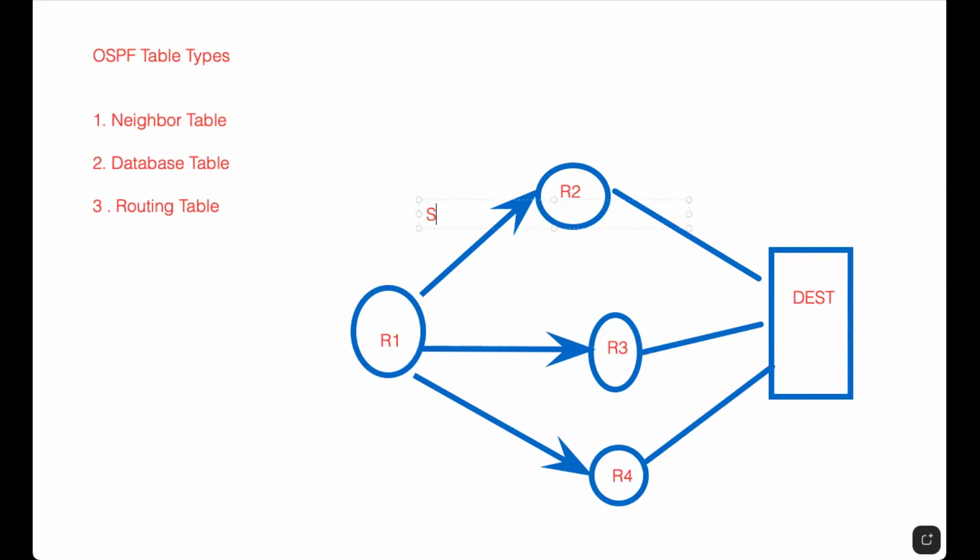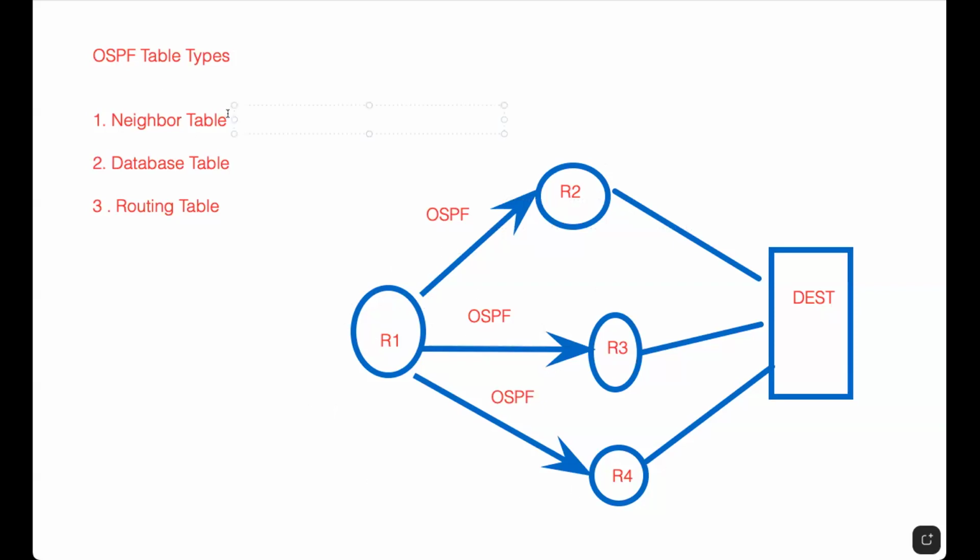This is OSPF between R1 and R2. This is OSPF between R1 and R3. OSPF between R1 and R4. Okay, so R1 is the neighbor of R2 and R3 and R4.